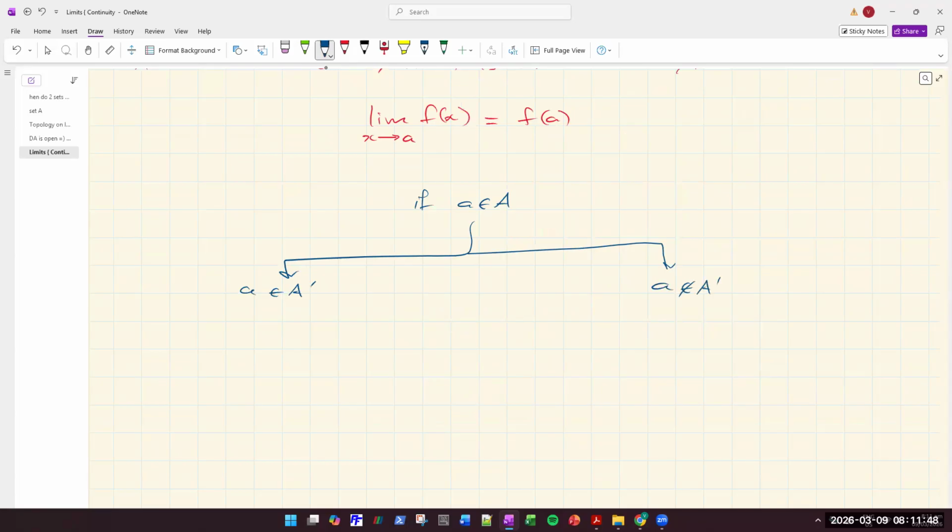Those are the two options. If A is a limit point, we could check for continuity by using: is the limit as x approaches A of f of x equal to f of A, right? If A is not a limit point, then this is an isolated point.